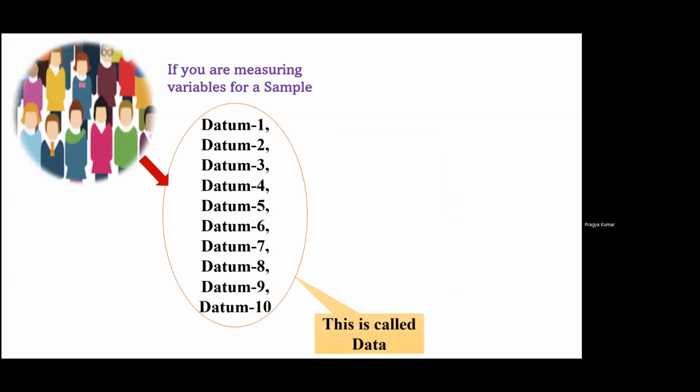Similarly, if you are measuring variables from many people from this population, let's say 10 people, each unit is called a datum, and the collection of these 10 people is known as the data.